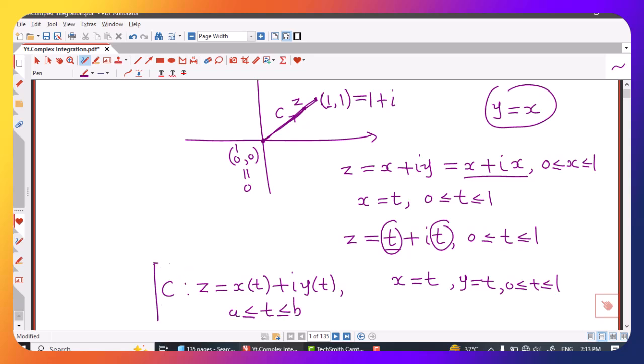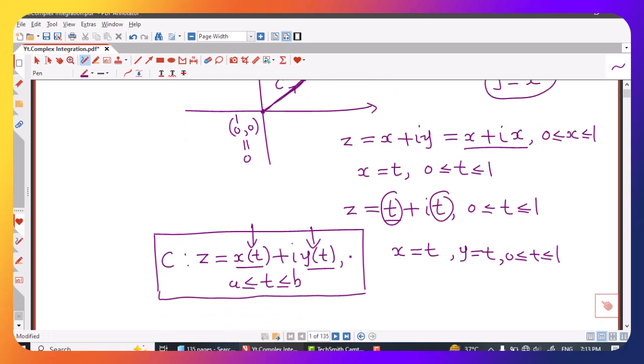So in general, this represents a curve in the complex plane if x and y are continuous functions of the parameter t.